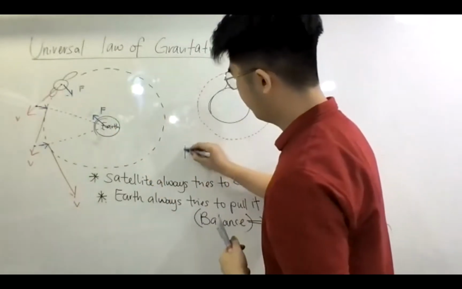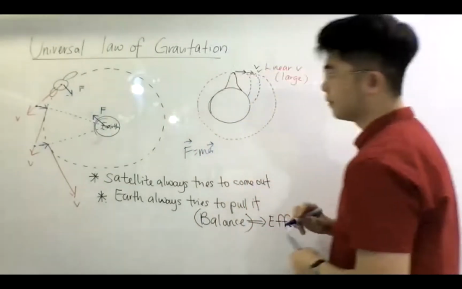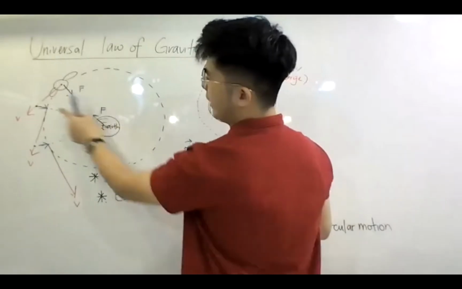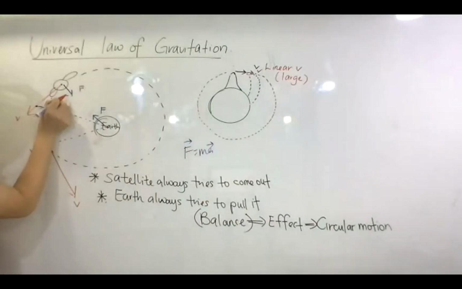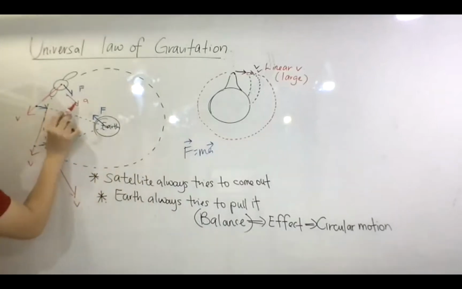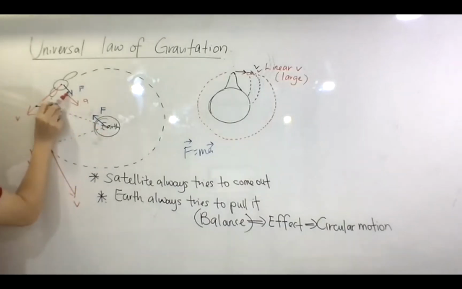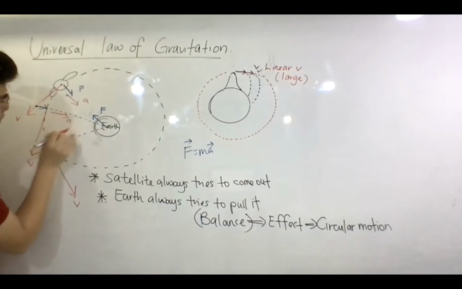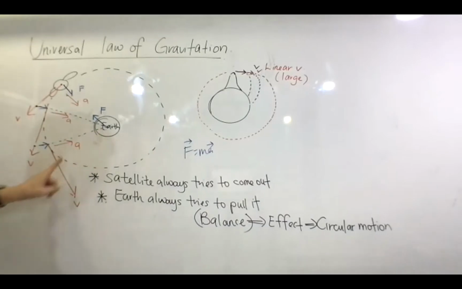F equals ma. When we have force, we have acceleration, and the force and the acceleration are in the same direction. This force pulls it, so you have acceleration. Where does this acceleration point? Very important! The acceleration points towards the center of the Earth, same as the force. Here, acceleration towards the Earth. The acceleration is pointing towards the Earth, same as the force, but the velocity vector is like this.